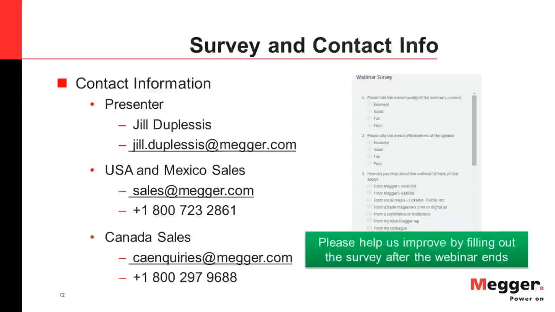The third situation is related to connections, which Jill referred to in the presentation. It could be connections or it could be external contamination. So if this is something that you have never seen and you get this result in one of your tests, you might want to check your connections, and check the external condition of, for example, the bushings, to see if they're clean and that there's no moisture or humidity next to them.